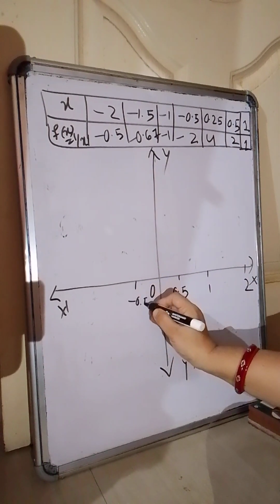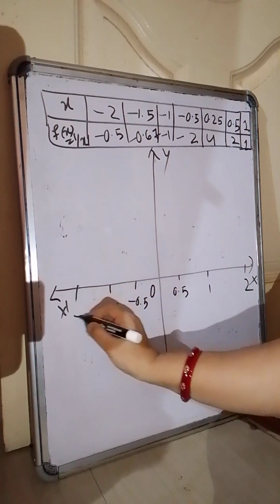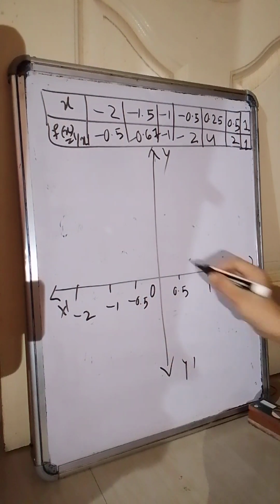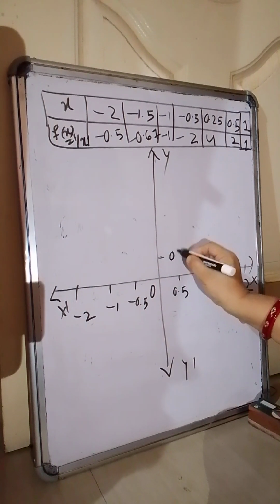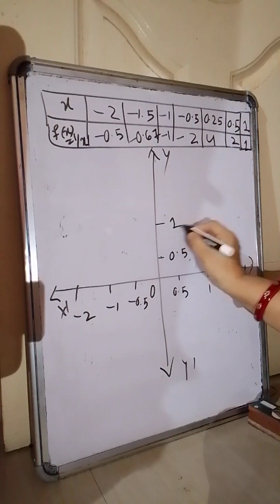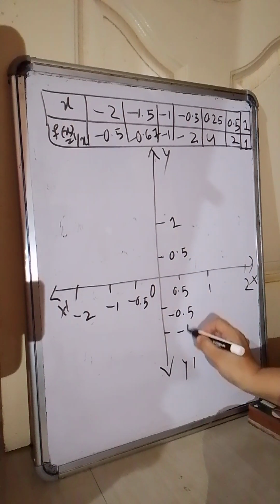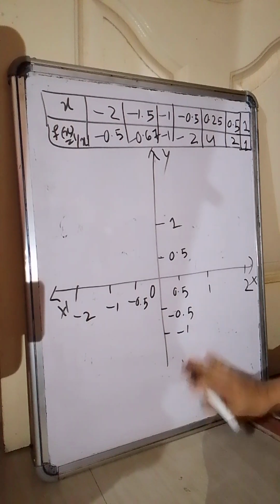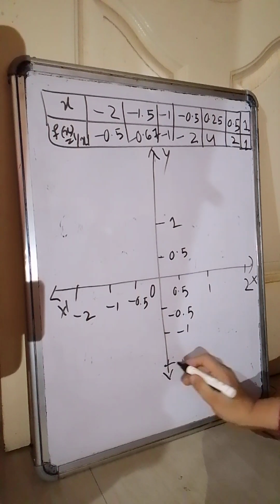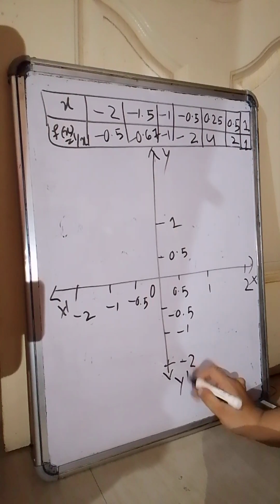This is minus 0.5, minus 1, minus 2. Similarly, on the y axis, this is 0.5, this is 1, and this is minus 0.5, minus 1, and minus 2.